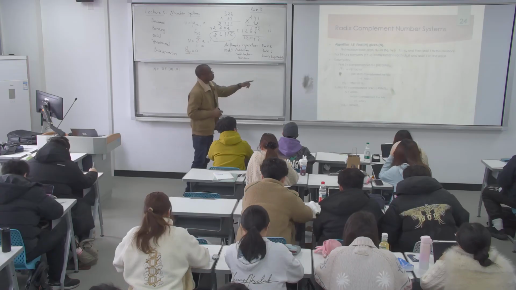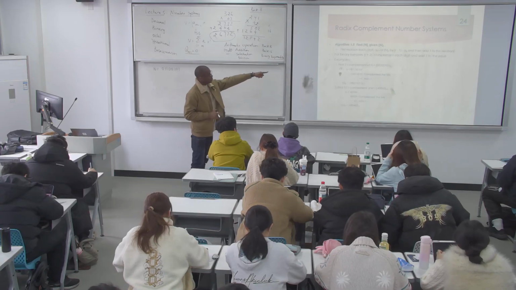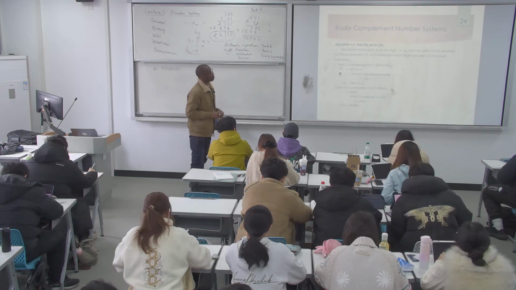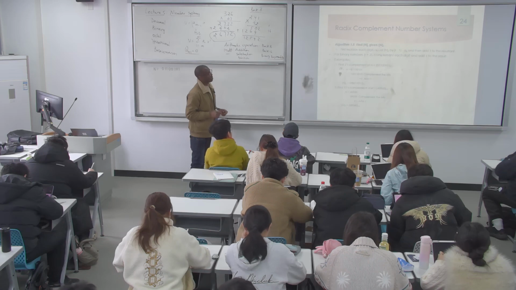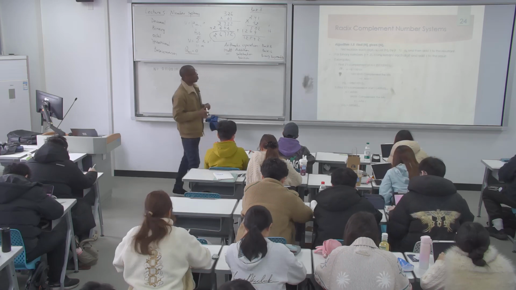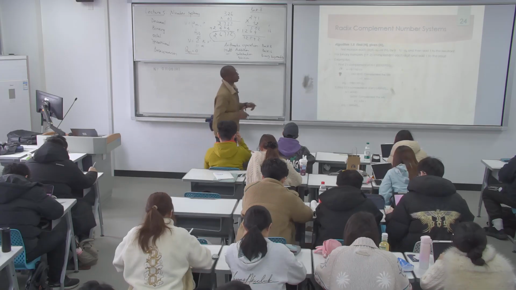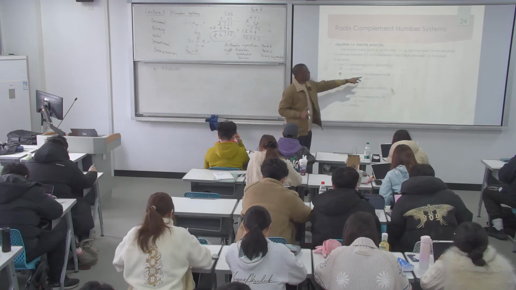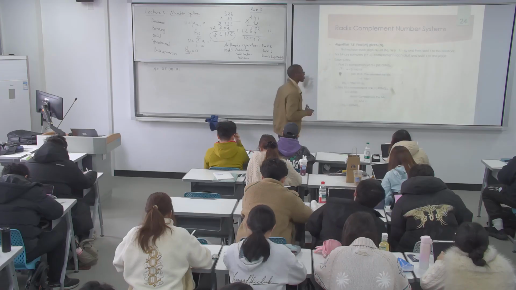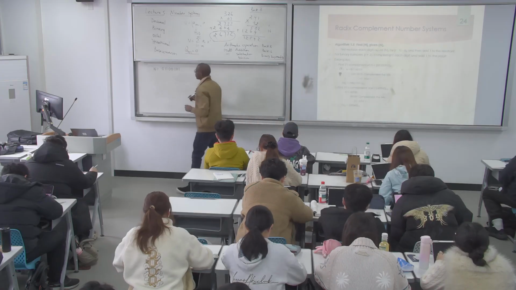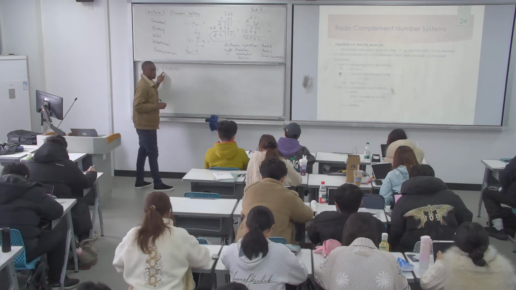Now, first replace each digit a of this by its complement, and then add 1 to the result. What we do, you see, we needed to complement the bit. We needed to invert the bit. The first thing you do, you need to invert the bit.